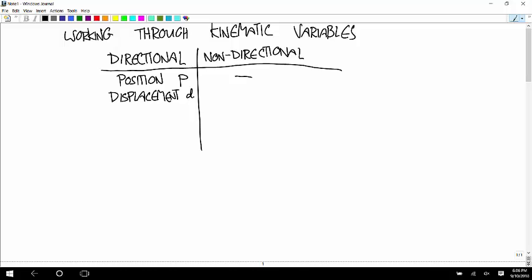I'll write that as a lowercase d. And that is very closely related to distance. And we're pretty used to talking about distances.